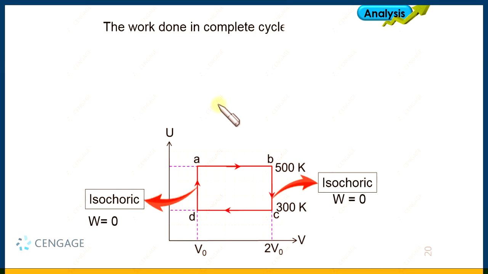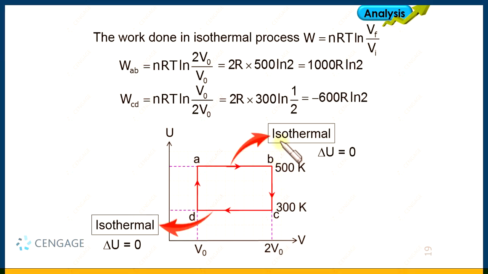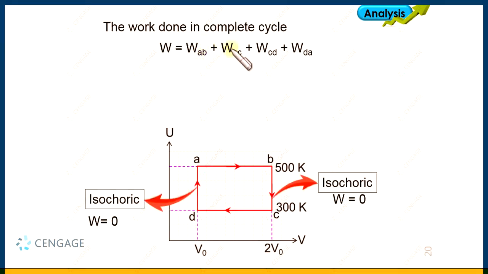Now, we can add the work done of all processes to calculate the work done in the complete cycle. So, W equal to WAB plus WBC plus WCD plus WDA. We have calculated WAB and WCD, so let us substitute these values here and here, and WDA equal to 0 and WBC is again 0.